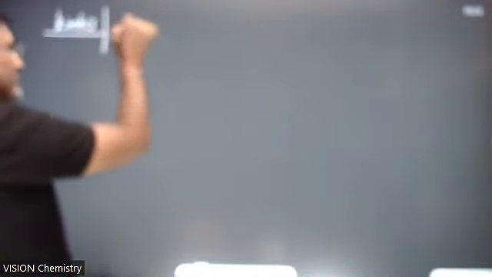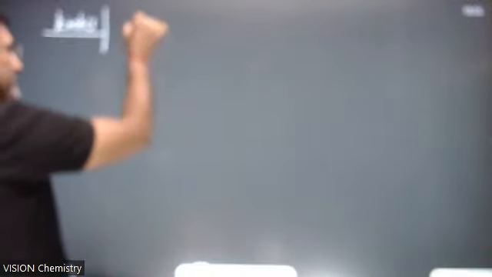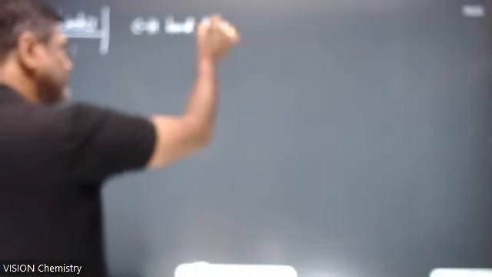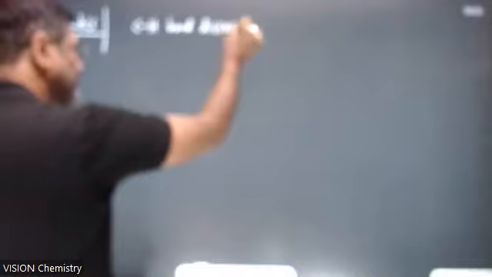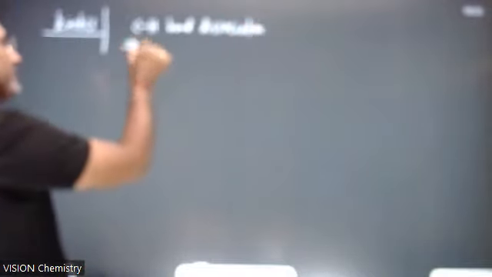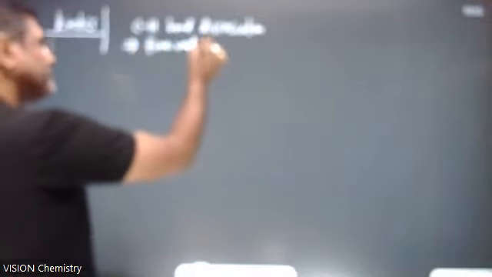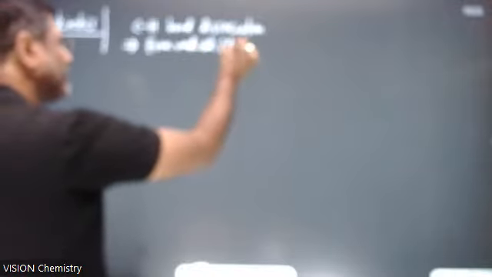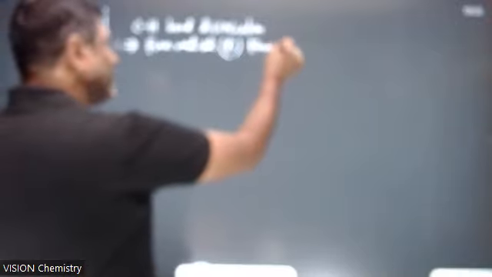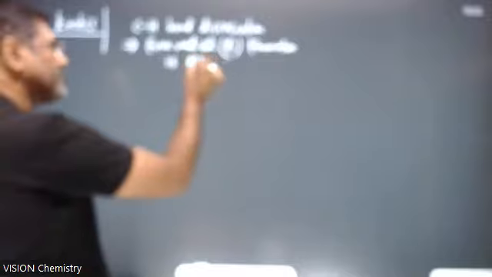In the kinetics, the very first thing is C-H bond dissociation, I mean free radical formation, the alkyl free radical formation. That one is the RDS, rate determining step.